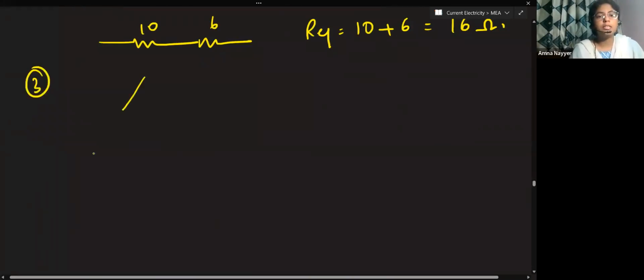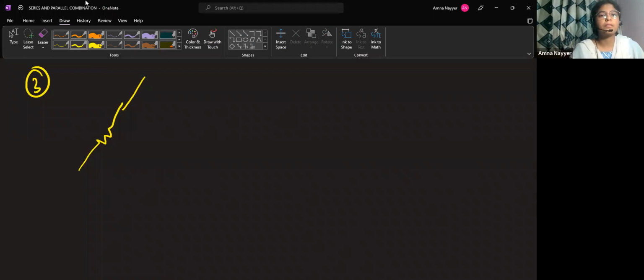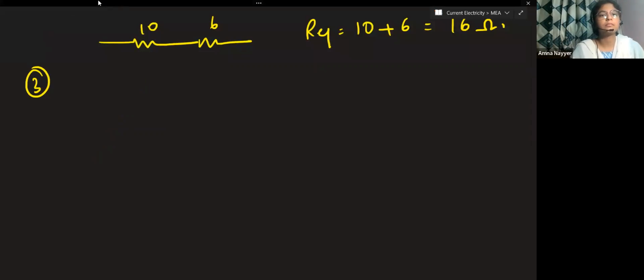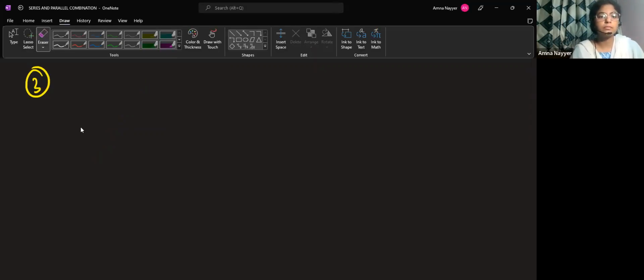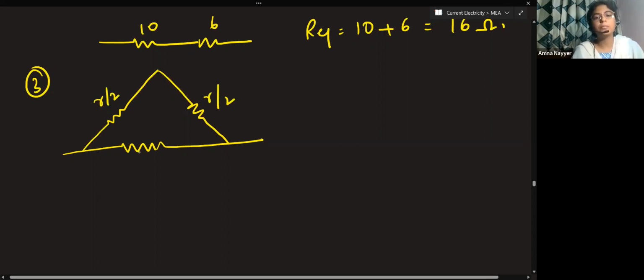So R by 2, R by 2, and this is also R by 2.